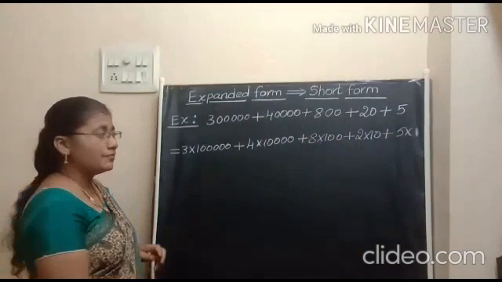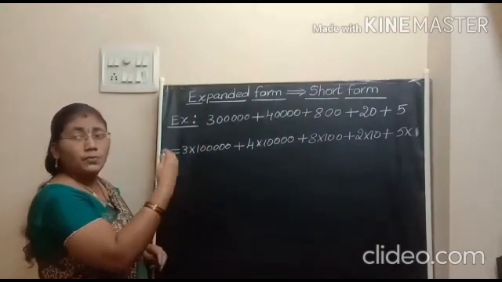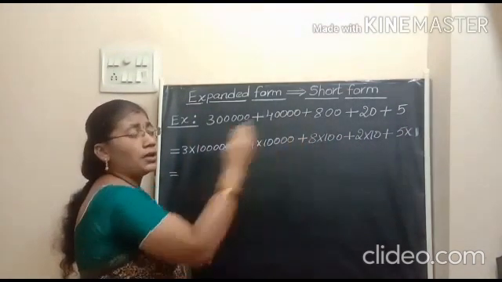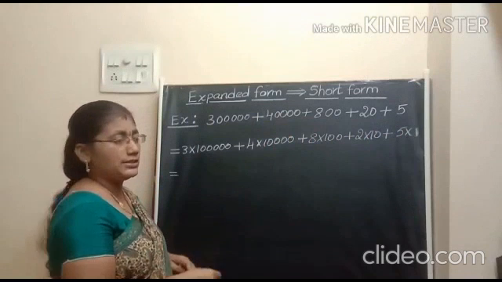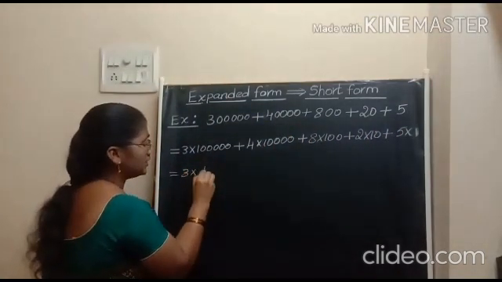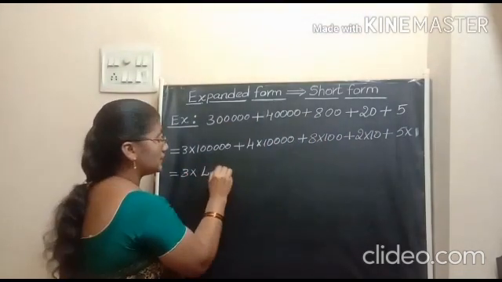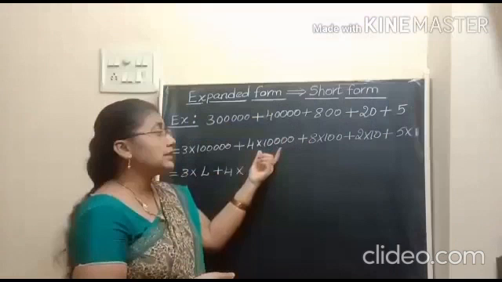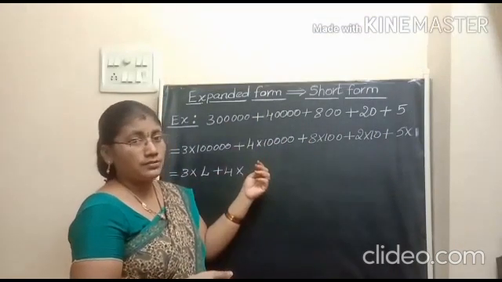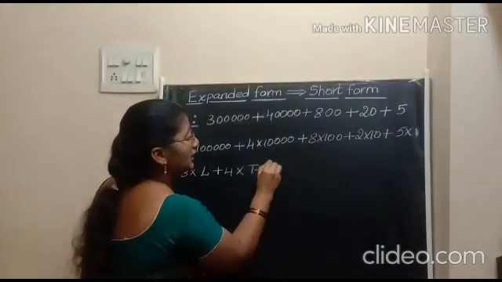Understood, children? Then, I am writing 1 lakh, 10,000, 100, 10, 1 as places in words. So, 3 into 1 lakh means L. L represents 1 lakh. Plus 4 into 10,000. 10,000 has 4 zeros. So, 10,000 is represented by TTH.